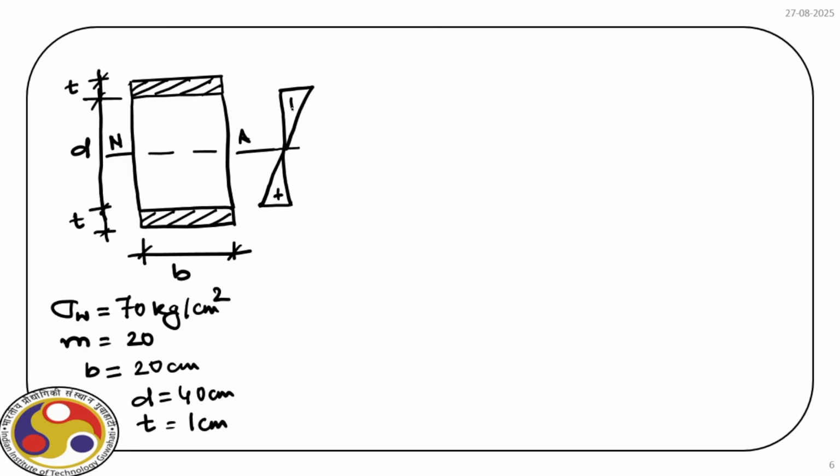Say this is positive and negative. So we have for the wooden part 70 and 70.